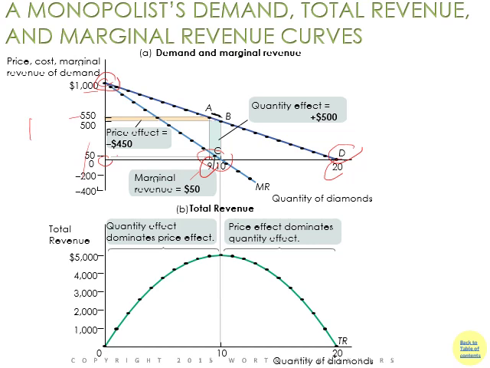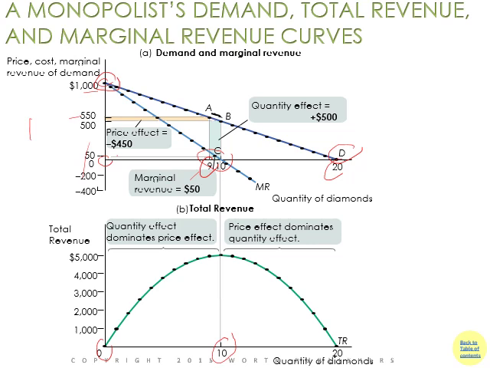So what this shows is that our total revenue is going to be greatest when we're selling 10 units of output. If we don't sell any units of output, if we choose a price that's so high that the quantity demanded is 0, then our total revenue is going to be 0.